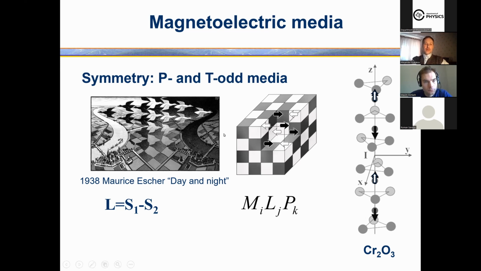For example, it's not just a mirror symmetry. It's mirror symmetry multiplied by color change. For example, these black birds are a counterpart of this white bird, and they are related by mirror symmetry and also by color symmetry change, inversion.